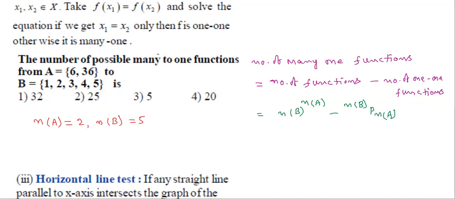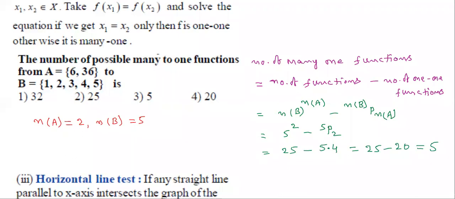And already we know the values. n(B) is 5, n(A) is 2, so 5 squared minus 5P2. 5 squared means 25, minus, here 5 we can write decreasing 2 times, that means 5 and then 4. Now 25 minus 5 into 4, 20. 25 minus 20 is equal to 5.